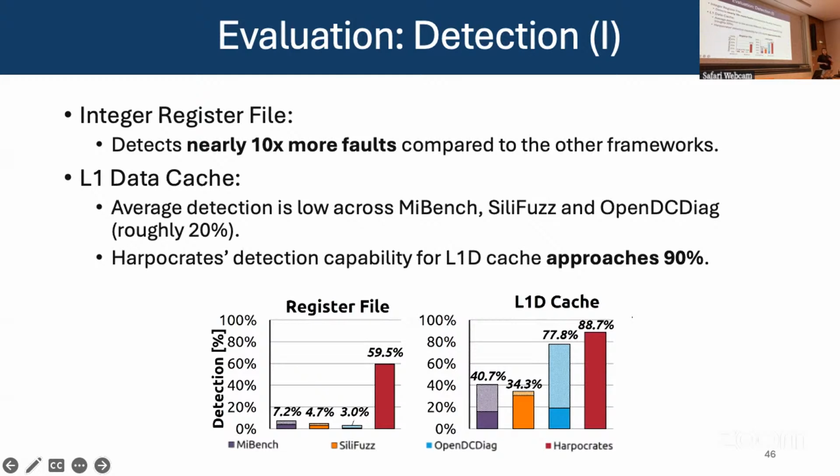For L1 data cache, what's important to notice is that the middle line, if it exists, indicates the average detection capability. Here, the average detection capability for L1 data cache is roughly 20% for non-Harpocrates workloads, whereas the detection capability of Harpocrates approaches 90%.